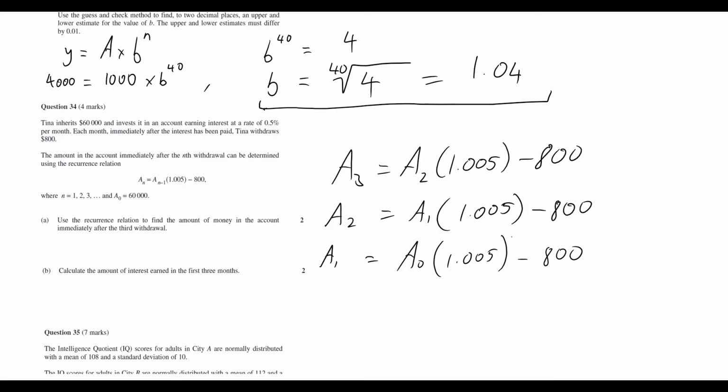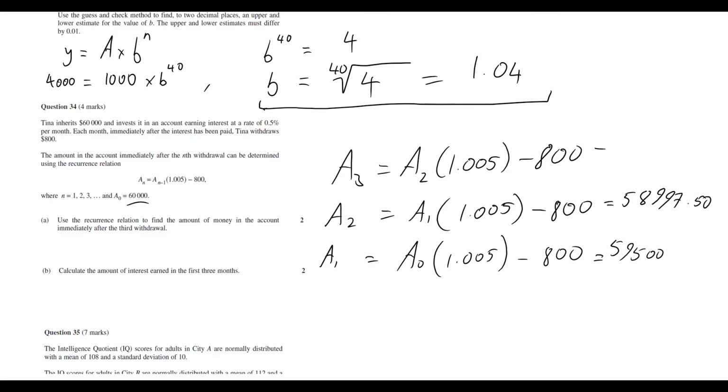Okay, so now if we go back through and start working all these numbers out, we find that a sub 1 is equal to 59,500, just from using the fact that a sub 0 is 60,000. So we go back, sub in that information, and this is what we'll get. We also get that a sub 2 is equal to $58,997.50.